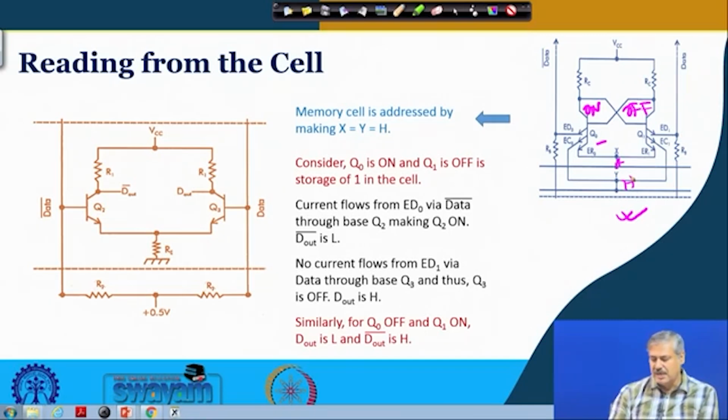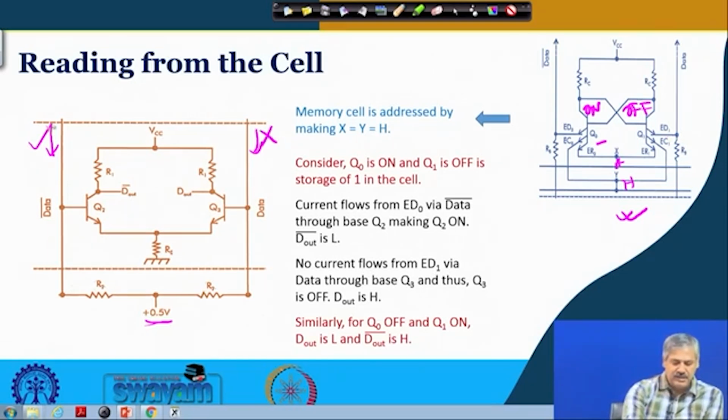The bias voltage has been kept at 0.5 volt. This is the bias voltage that I was talking about. Now this transistor is on, so from this emitter the current will flow in this direction, and this transistor is off, so no current is flowing in this direction.